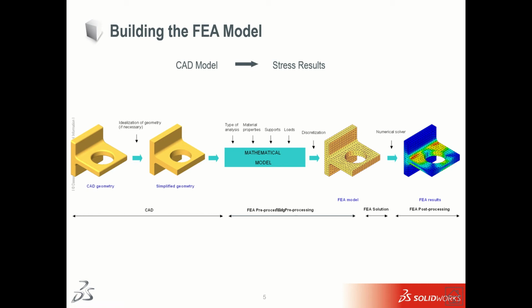For a mathematical model, you need to define four parameters. One is the type of analysis, meaning you must select which type of analysis you need to do on that part. In the next few sessions, we will be dealing with only the static analysis part, so we will do static analysis. Then afterwards, it's the material property.